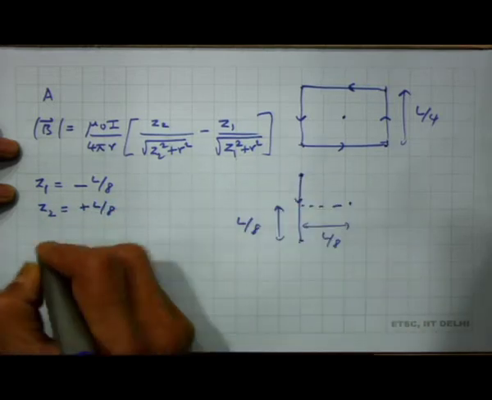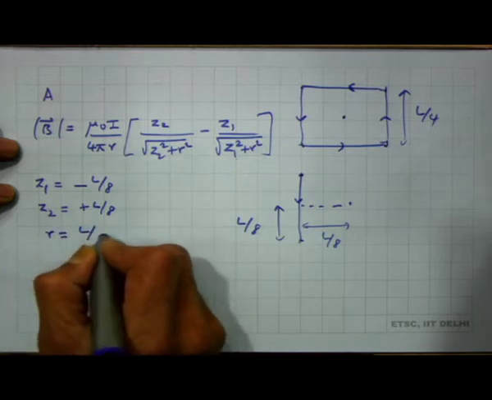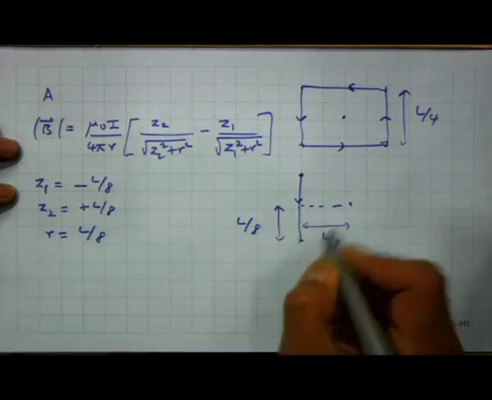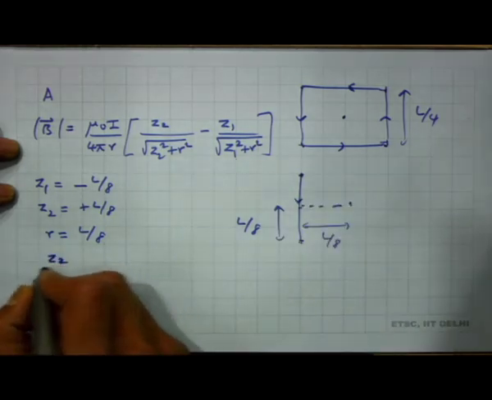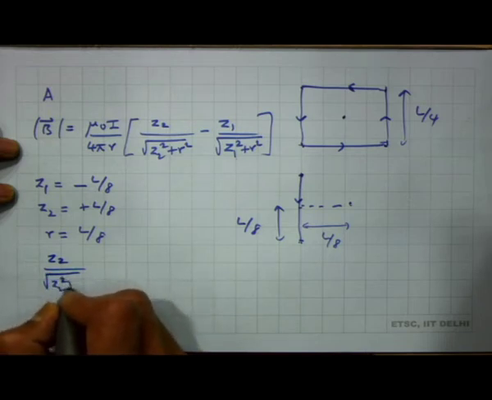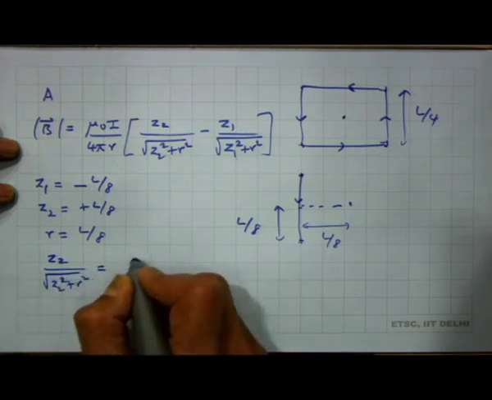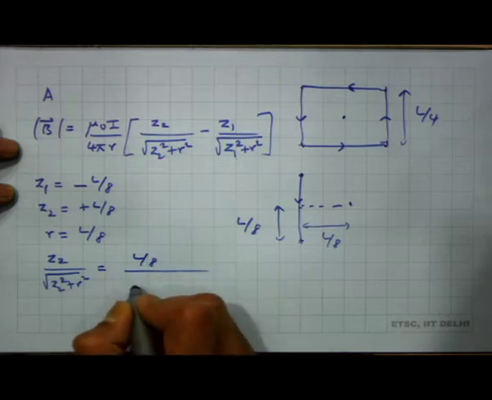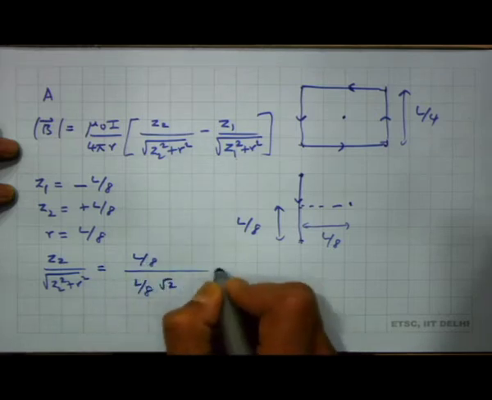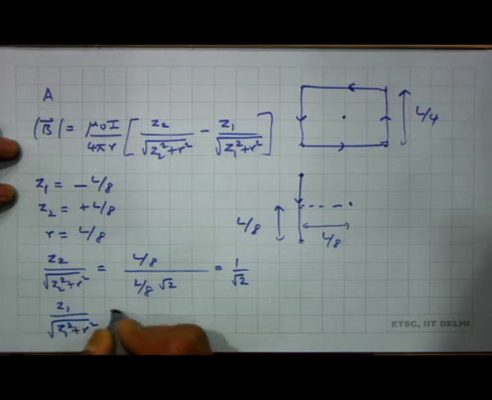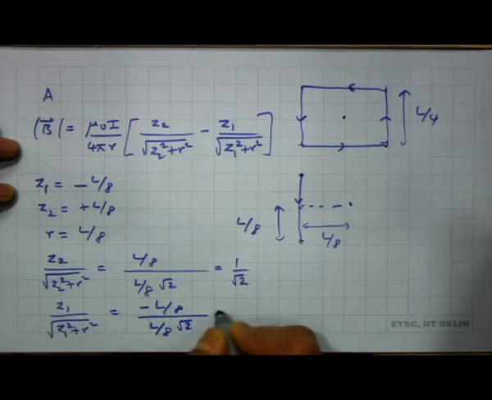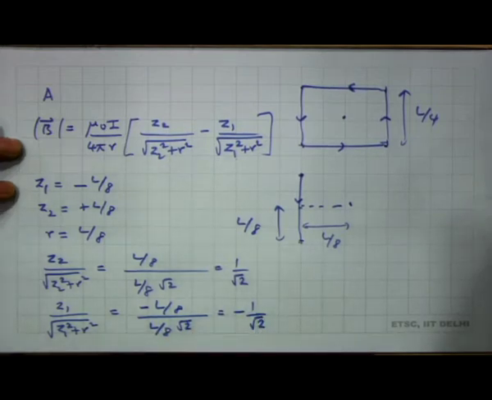This is the coordinate of this point, and r is equal to L by 8, because that is this distance. Now, Z2 by square root of Z2 square plus r square is equal to L by 8 by L by 8 into square root 2, which is equal to 1 by square root of 2. Z1 by square root of Z1 square plus r square is equal to minus L by 8 by L by 8 times square root 2, which is equal to minus 1 by square root of 2.